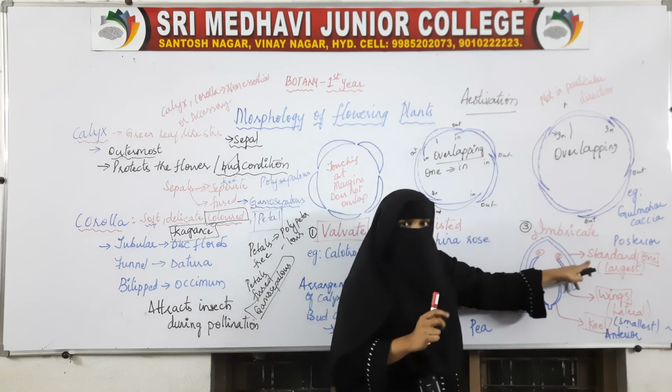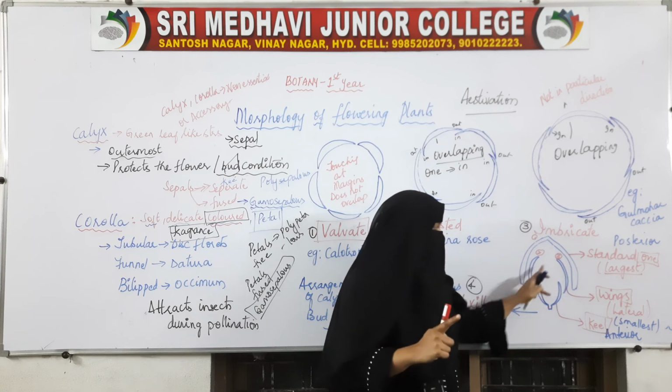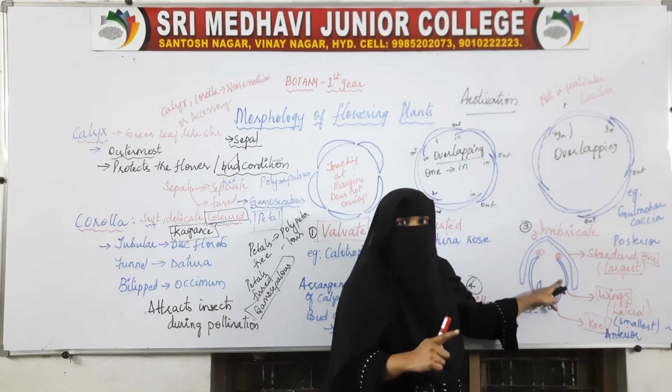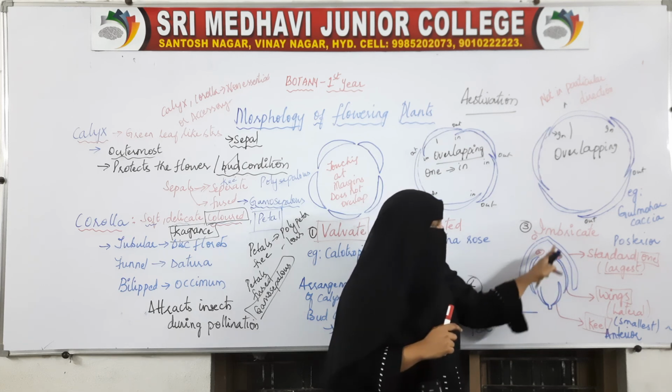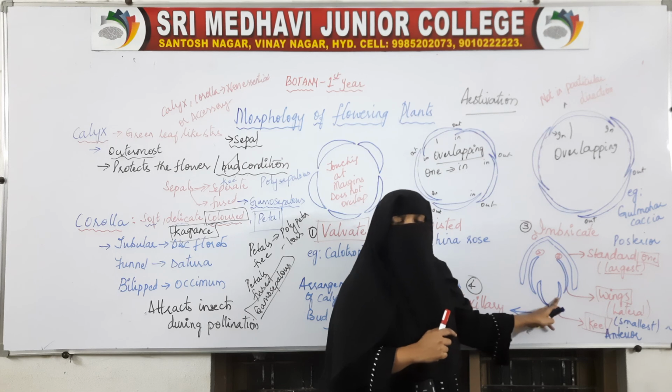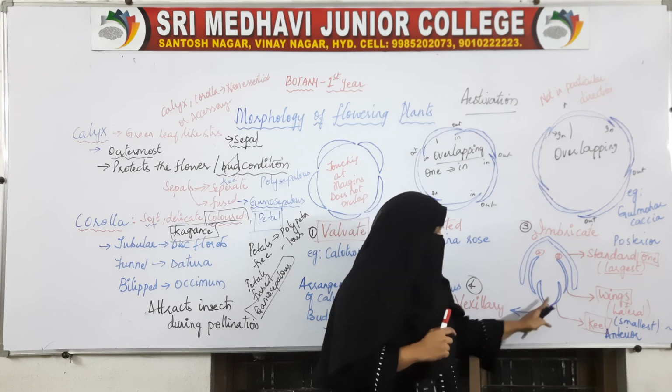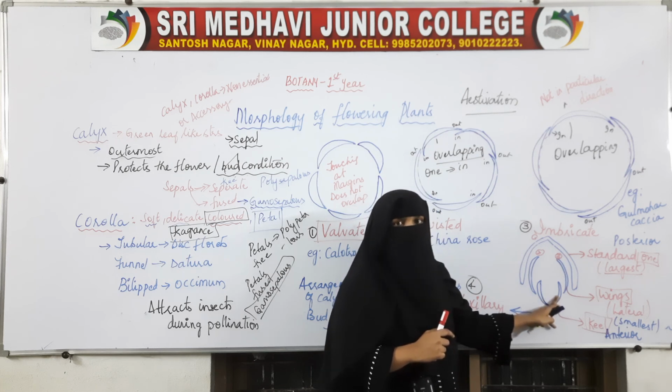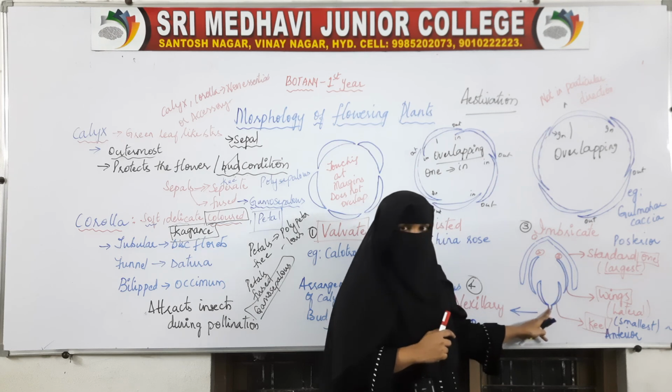One is the standard petal, which is only one. Then another 2 petals, the wings, which are overlapped by the standard petal. The third type is another 2 petals, which are called the keel. They are joined.